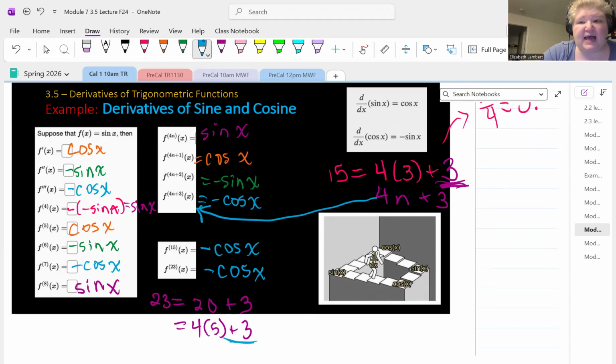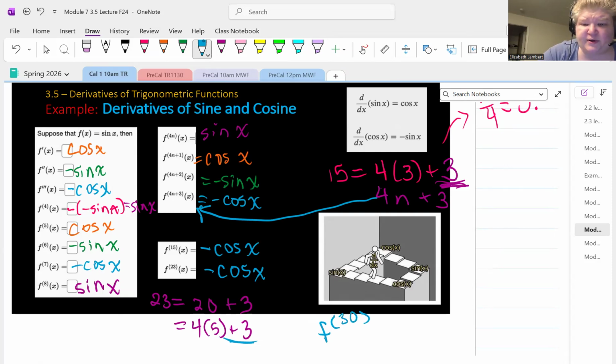If they asked like the 51st derivative, then, no, sorry, not 51st. Sorry, I'm trying to pick a number that'll be different. Let's just go 30th.